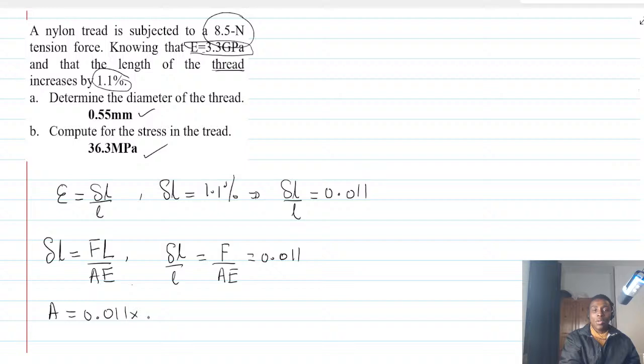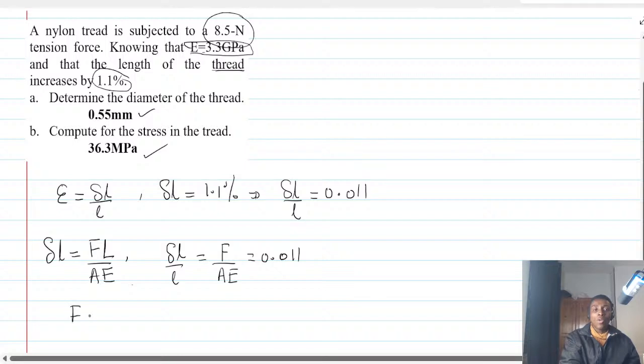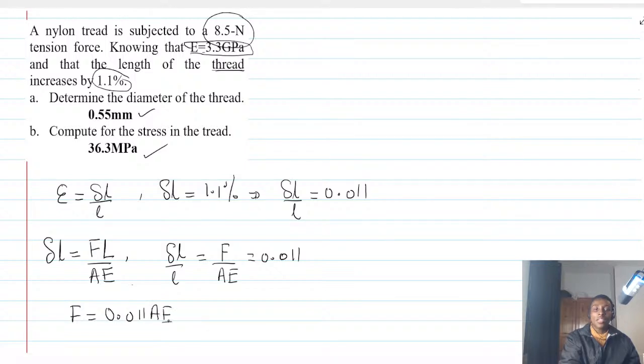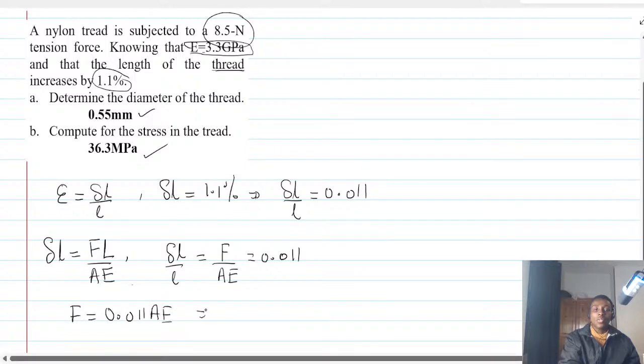So 0.011 multiplied by, okay, let me take my time and do it. So the force will be 0.011 A times E. So that A will be F all divided by 0.011 times E. But what is the force?